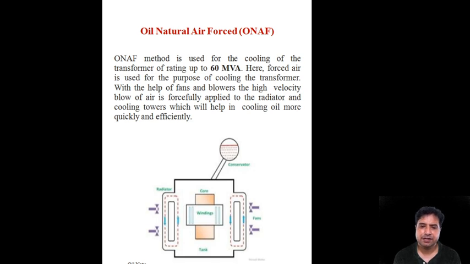The oil from the conservator comes down, and the quantity of oil which has entered the radiator is replaced by cooled oil from the conservator. Again, the cooled oil which entered earlier, because of the hot oil circulating through the radiator, becomes heated up, and enters the radiator from where it is cooled off, and this cycle keeps going on.